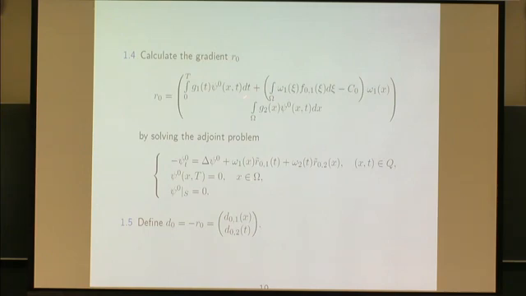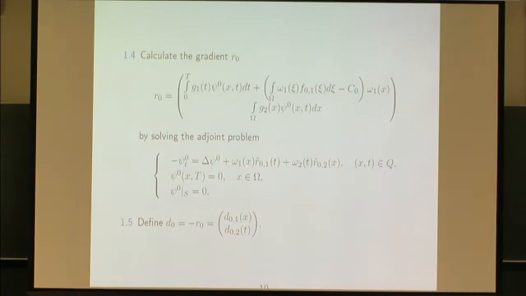So we can work out the gradient R0 in this form, and this is an explicit form because all the quantities are given. Psi 0 is obtained by solving the adjoint problem, which is well posed with 0 initial data, but the source terms are present in this form.